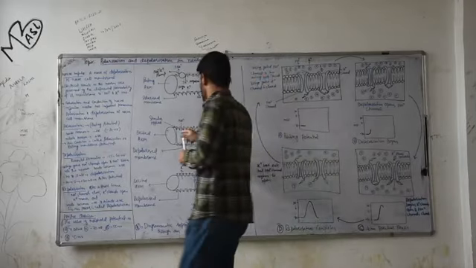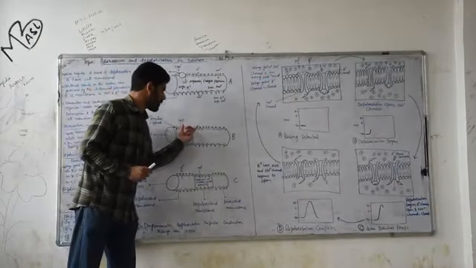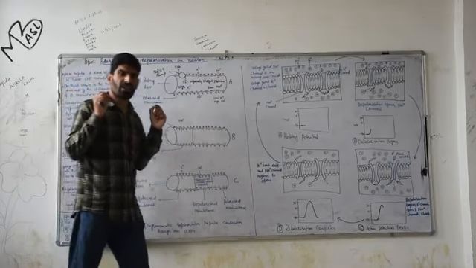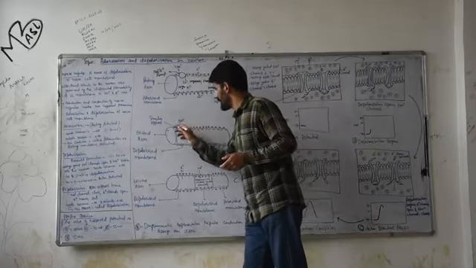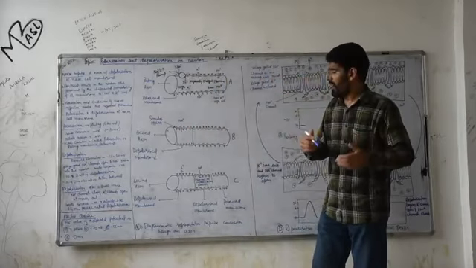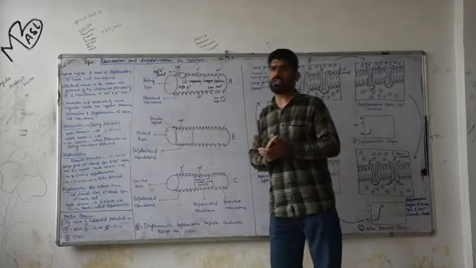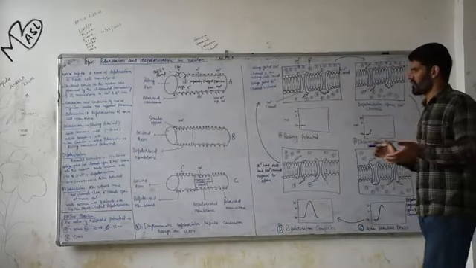But the point of stimulation sends signals to the adjacent parts, while depolarization has not yet taken place there. Due to these signals, what happens in the adjacent parts? Sodium channels open and a wave of depolarization moves.